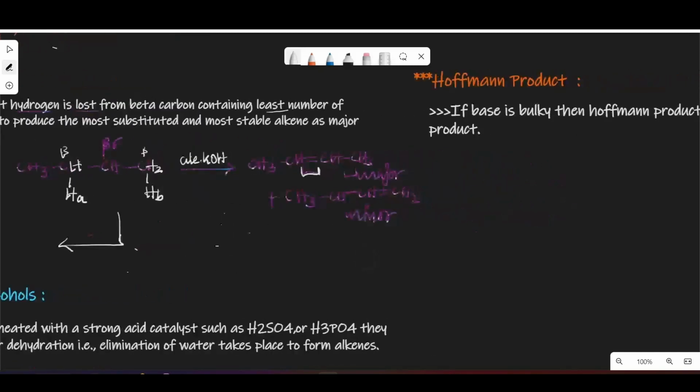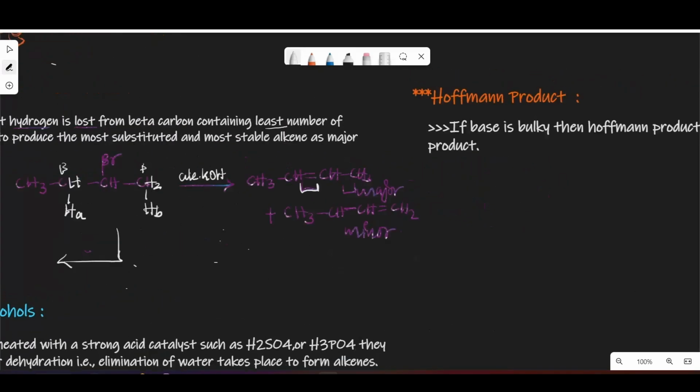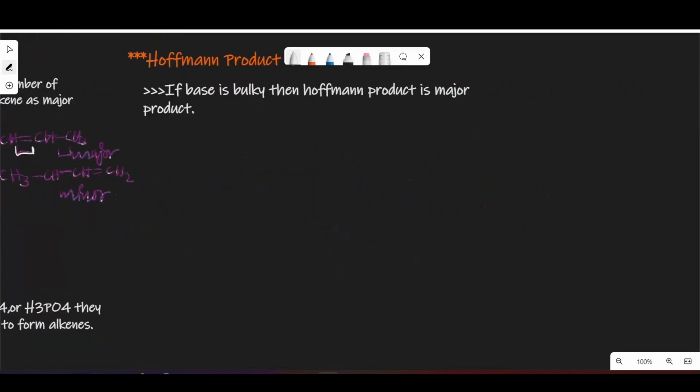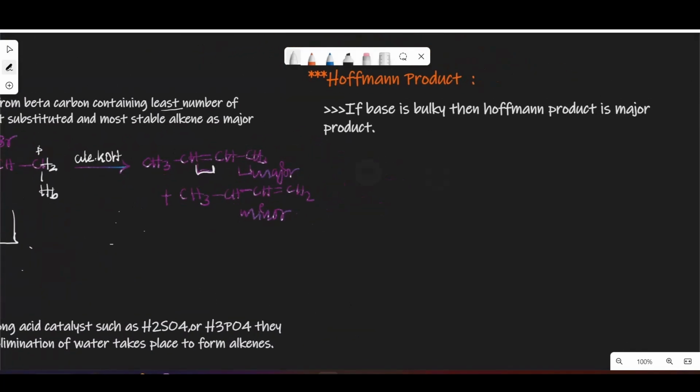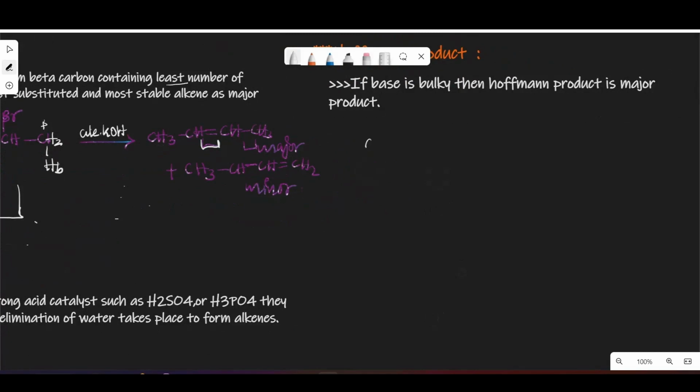That's it. Opposite to this one is the Hofmann product. In this, we will get the least stable product as the major product. Let's take the same example, CH3CH2CHBrCH3.